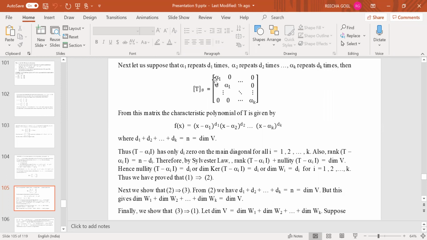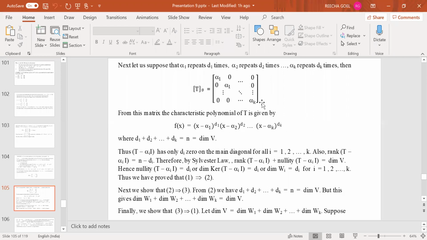And then from this matrix, I can just write down the characteristic polynomial of T as I did in the previous theorem. That is f(x) equals (x minus alpha 1) to the d1, (x minus alpha 2) to the d2, ..., (x minus alpha k) to the dk.